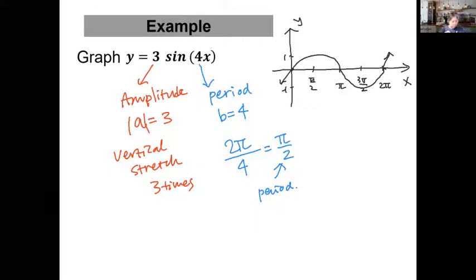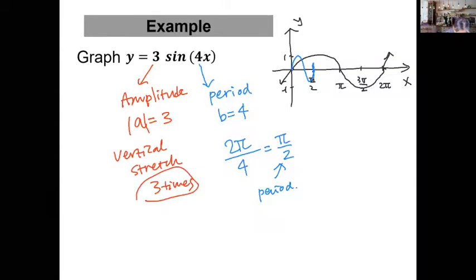Now, I guess it's either way, but let's take care of the period first. It doesn't go all the way to pi to have the 1 repetition, but it has to be done by pi over 2. So now I know the new repetition should end in pi over 2. Then we expect it's going to go up and down and hit that end point there, but we also know this has to be vertically stretched 3 times.